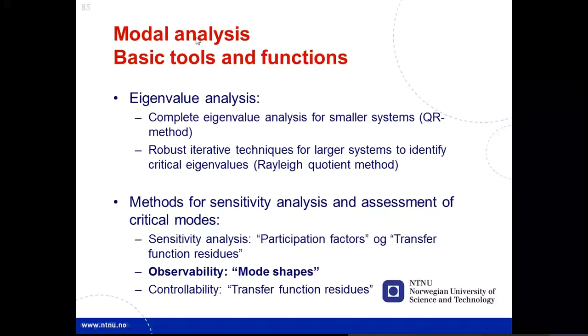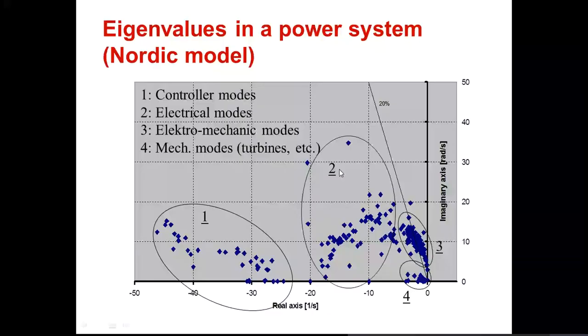Now with this information, if you take the example of a Nordic grid, I just want to show you the position of the eigenvalues or the modes for the different state variables. You can see the controller modes, that means those eigenvalues which are associated with the controller states.